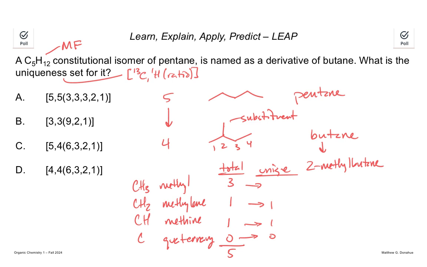So the logic here is imagine you're hiking on a path, and the carbon backbone is the path. So you're starting here and you're hiking, and then you're walking along this path. So you start on a methyl group, you hit the methine, then you hit a methyl group. You go back around, you hit a methyl group. It's clear that carbon 1 and 4 are different as you're walking along that path. But as you hit carbon 2, you go up here, you hit a methyl group.